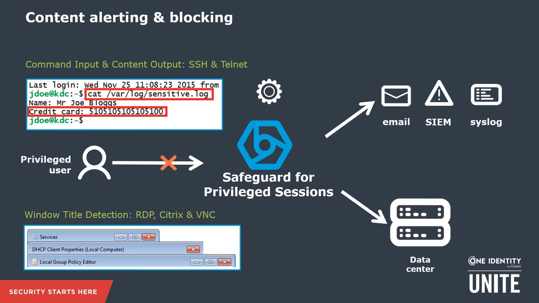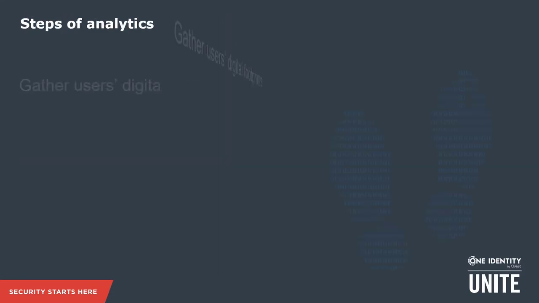If there is a match, you can either generate an extra log entry, which you can forward to your SIEM or your log management tool and trigger actions there, or you can directly get alerted via email or SNMP by SPS. And in the worst case scenario, you're able to terminate the session before real damage occurs.